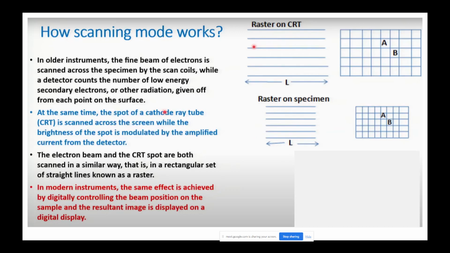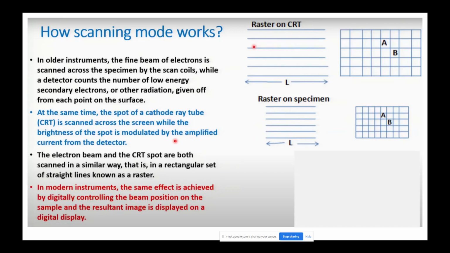In older instruments, the fine beam of electrons is scanned across the specimen by scan coils, while a detector counts the number of low energy secondary radiations at each point of the surface. So here it is giving the raster scan on the specimen. The cathode ray tube is scanned across the screen while the brightness of the spot is modulated by the amplified current from the detector.